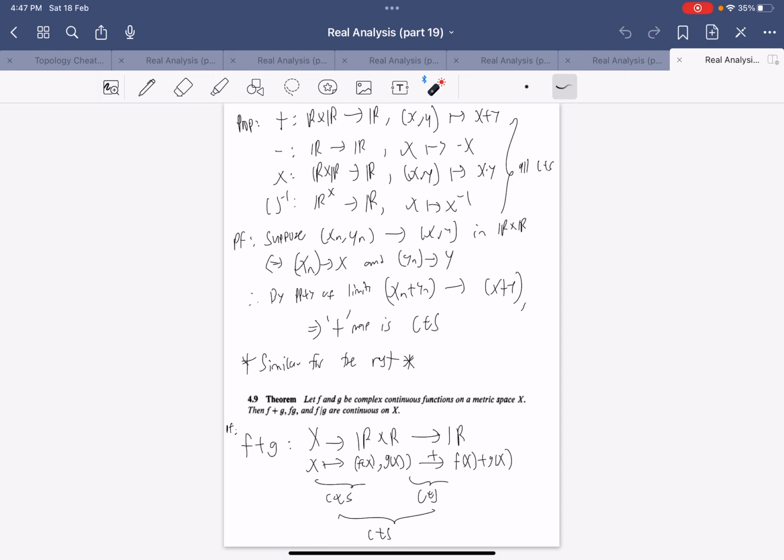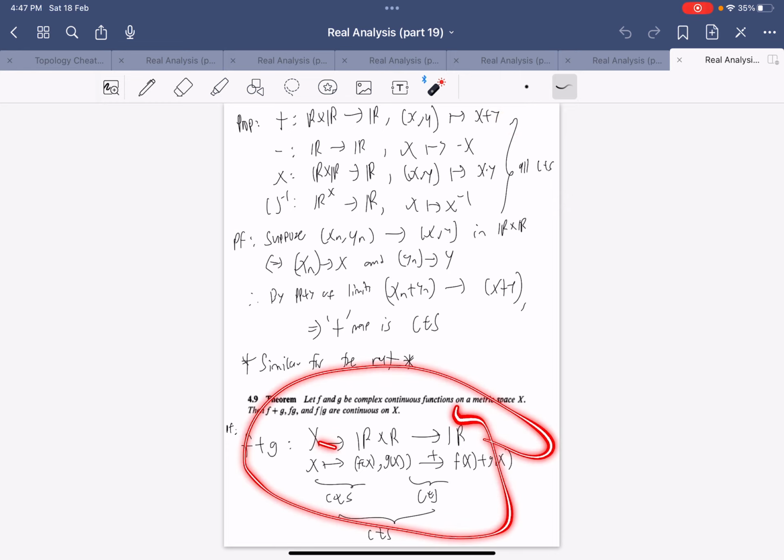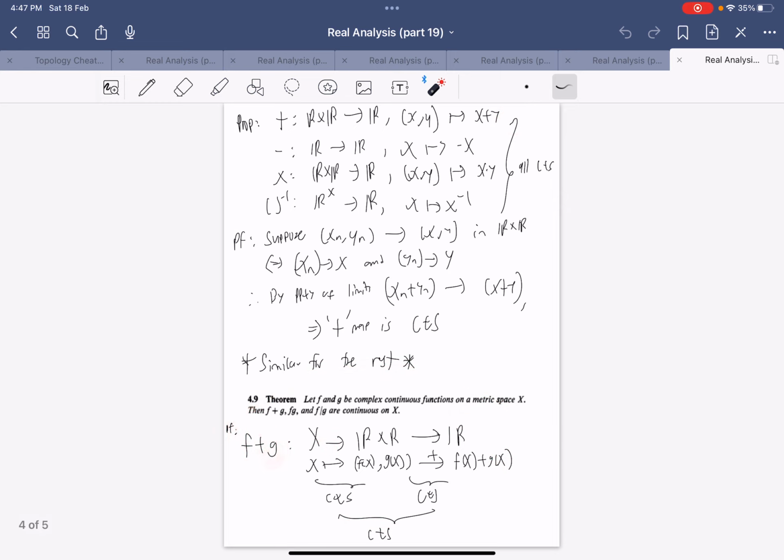And so when you use the addition map to map (f(x), g(x)) to f(x) plus g(x), it will also be continuous because you have proven that the addition map is continuous. And so f plus g, this function, is now continuous. And you can also then show f times g is continuous and f divided by g is continuous.